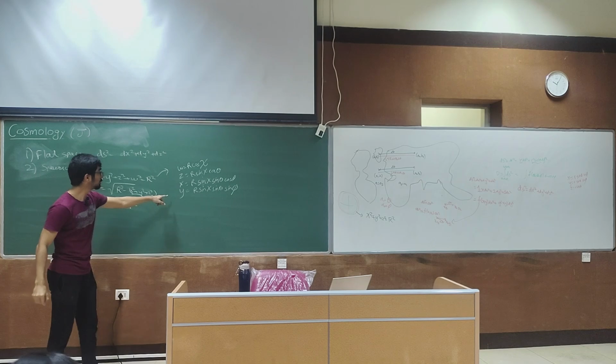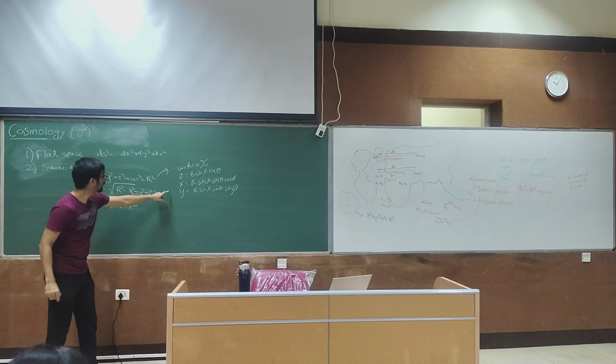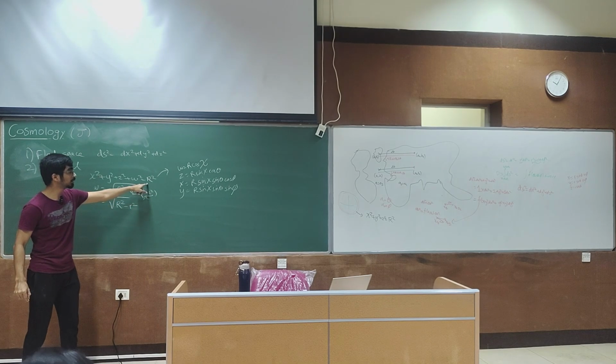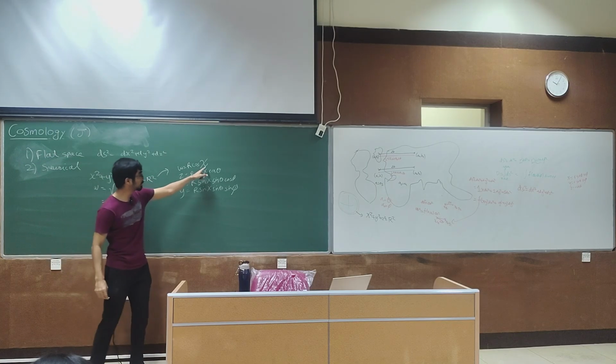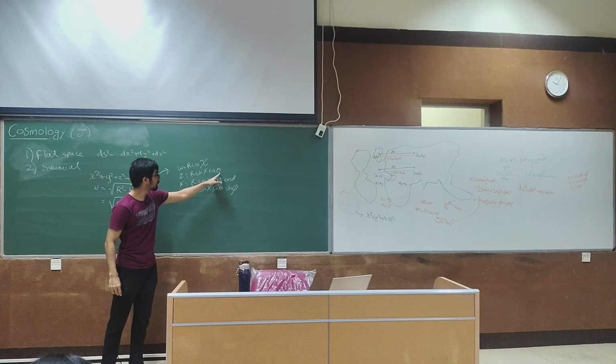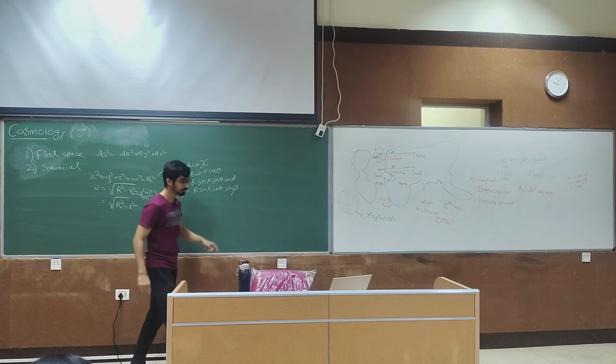If you square all of these and add them, you will find that this is equal to R squared. Can you see that? Right? And now these obviously have 3 degrees of freedom, chi, theta and phi.